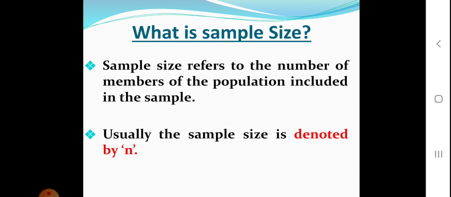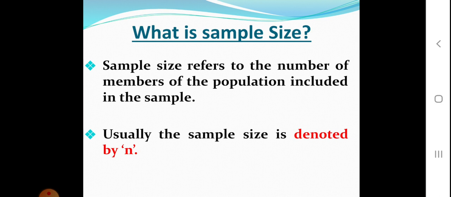What is sample size? In simple terms, sample size refers to the number of members of the population included in the sample. Generally, the sample size is denoted by n.